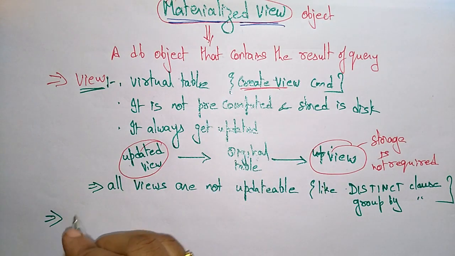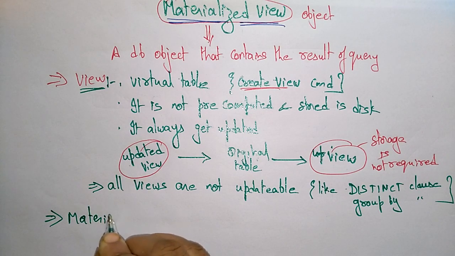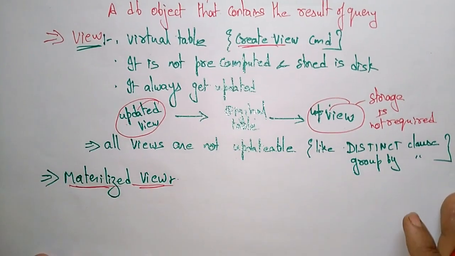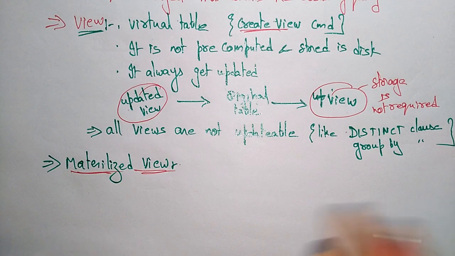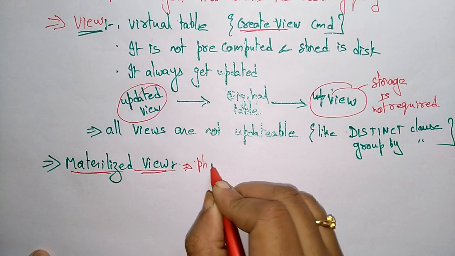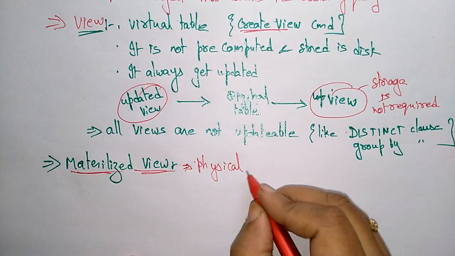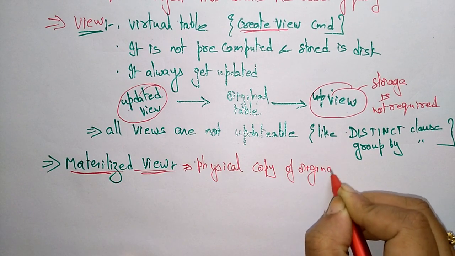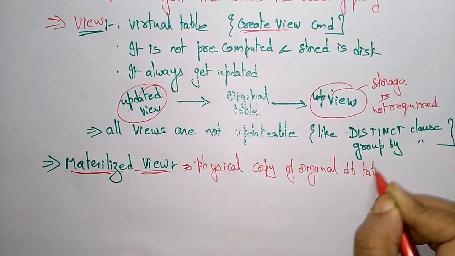Now coming to the materialized view. So what is the materialized view? We've seen that a view is a virtual table and it doesn't require any storage. Then a materialized view is a physical copy of the original database tables.